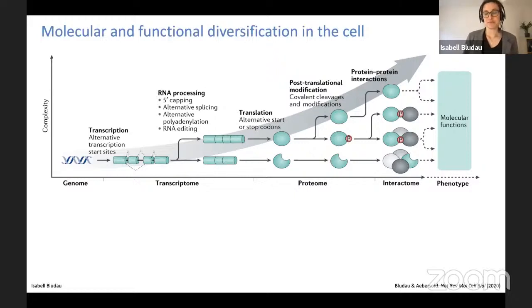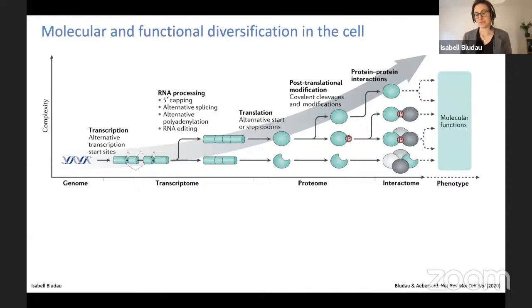So this is actually not the end of diversification, but only the start of a more modular and diverse set of different things that can happen. For example, post-translational modifications, as Lindsay said, can cause phosphorylations or other modifications to the proteins. And proteins can then interact with each other to form protein-protein interactions and also large macromolecular machines, such as the proteasome or ribosome.